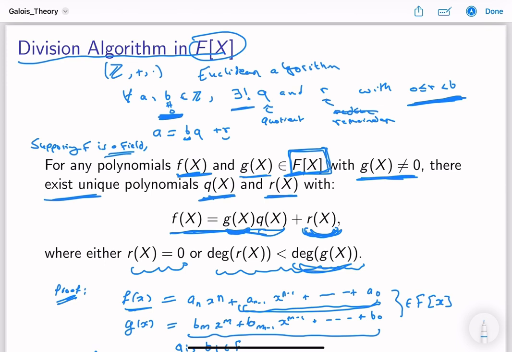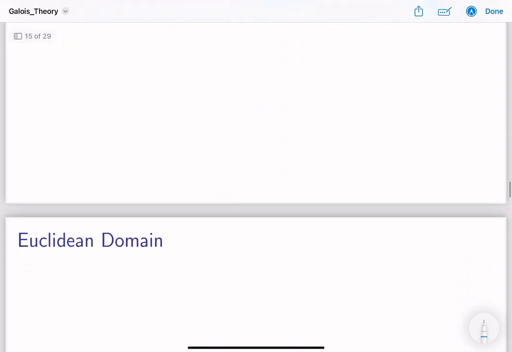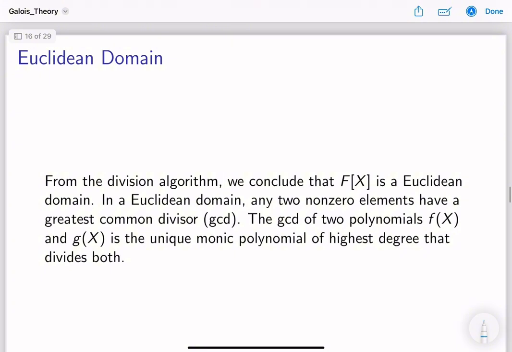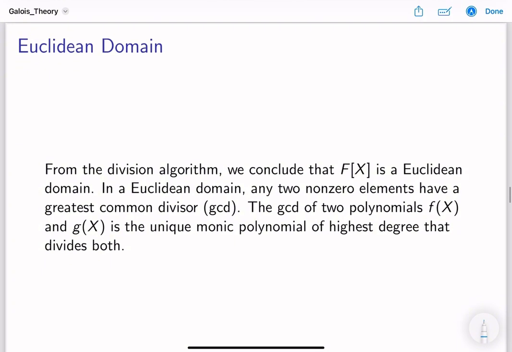And this is very important to recall and to keep in mind, because it's gonna be very useful as we go in the lectures. All right, so the next thing I wanna remind you of is the so-called Euclidean domain. There is nothing very special about the ring F[x]. It's just an example of a Euclidean domain, right? So what is a Euclidean domain? Here's a definition for you.